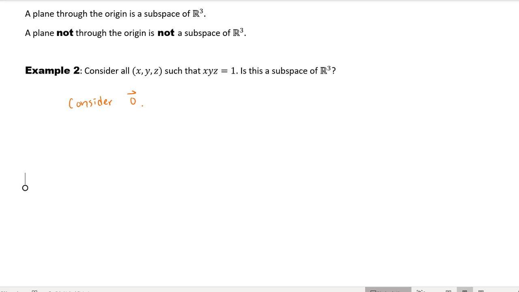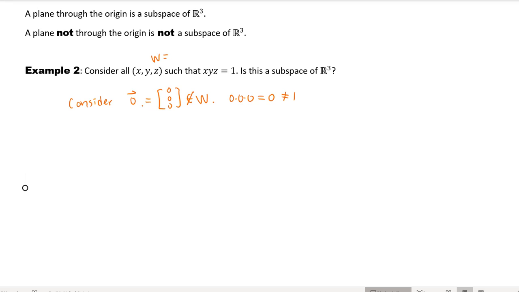All right, have you finished? Okay, let's continue. Consider the zero vector. For the zero vector, all the coordinates are zeros. And you see 0 times 0 times 0 is 0, which is not 1. Because the zero vector is not in W, we know it is not a subspace.